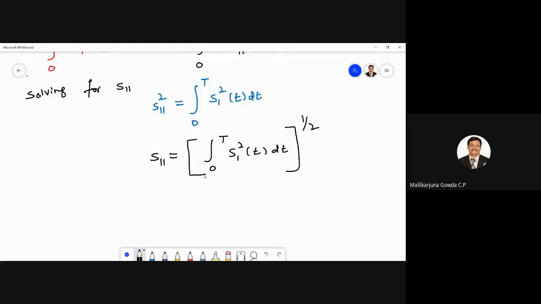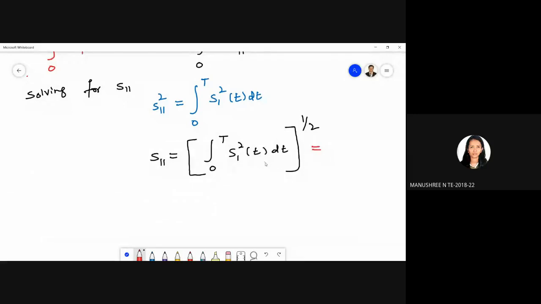So what is integral 0 to T of S1 square of t dt? Have I defined it anywhere? Quickly, people should say.